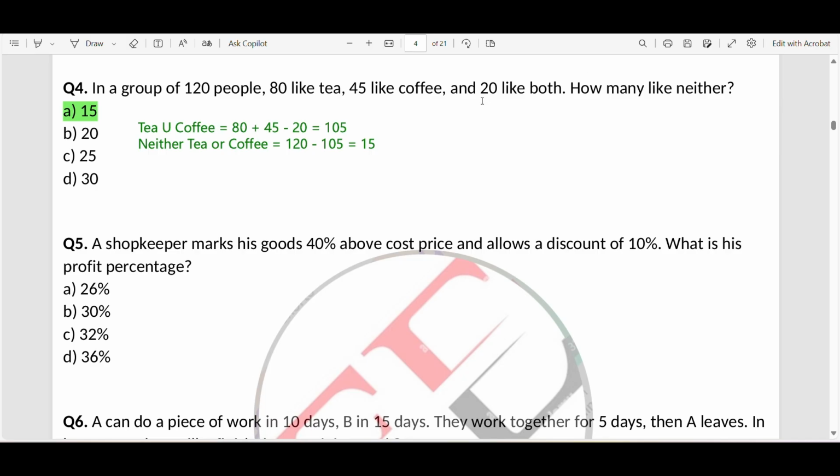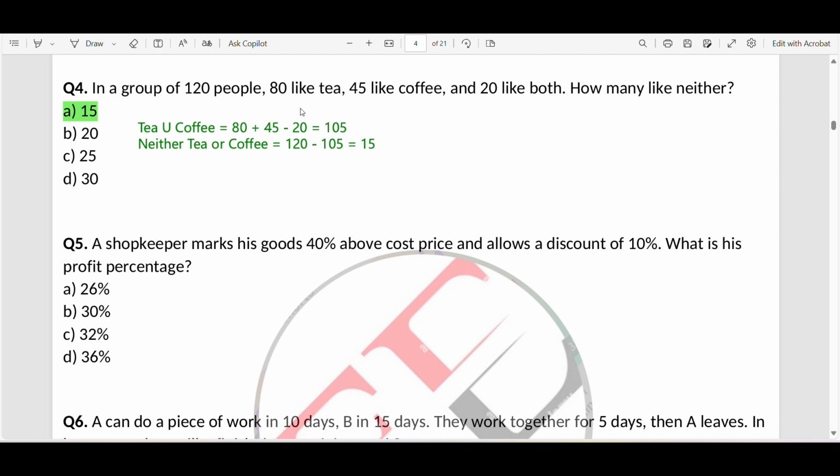First we need to calculate the total number of people who like tea, coffee, or both. So this number 80 also includes this 20, and this number 45 also includes this 20, right.